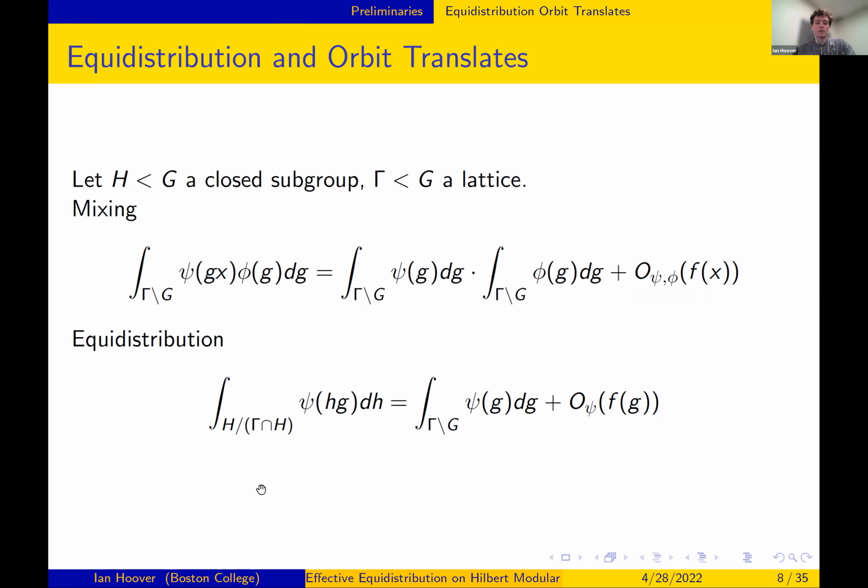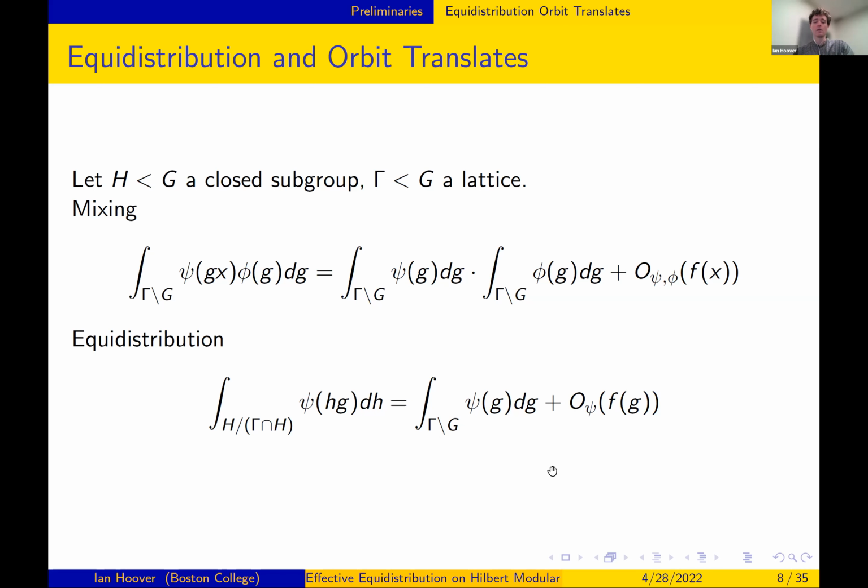And we could look at a single function, and it equidistributes if, as we translate this orbit by some element of g, it turns into just the integral of the function over the quotient space plus some effective error term. I've ignored the need to normalize in some way, but this is the idea.